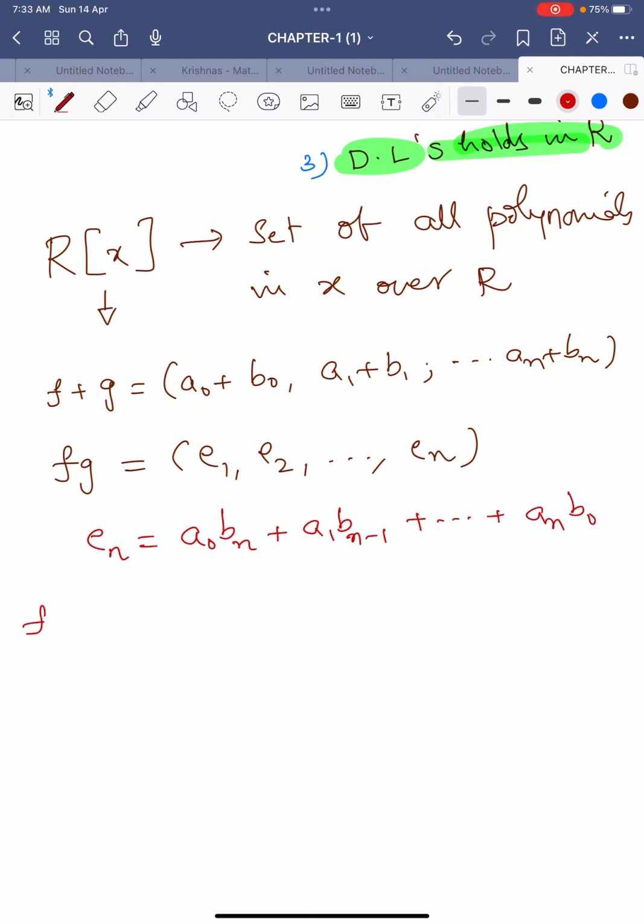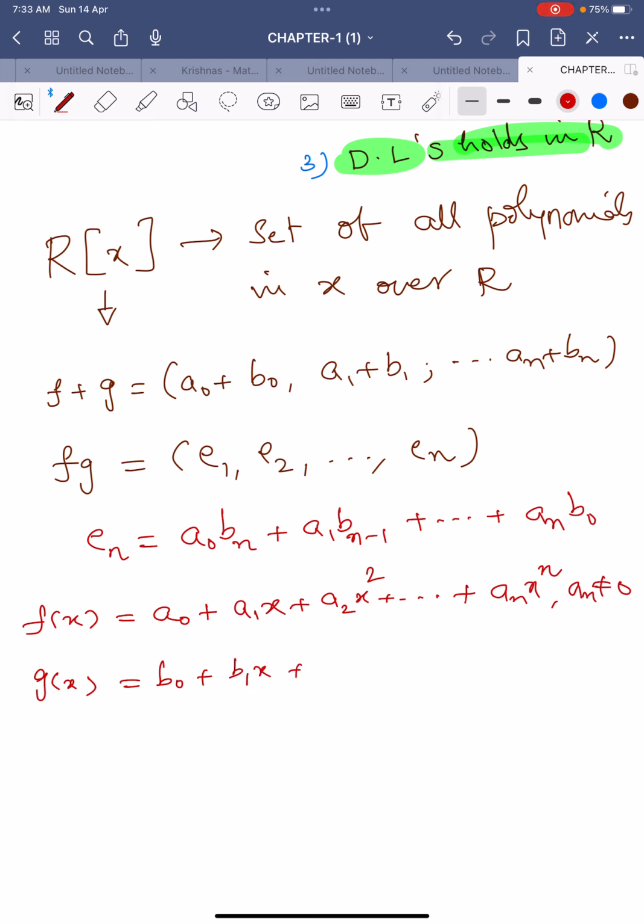Remember that f is nothing but the polynomial f of x, which is in this form: a naught plus a1x plus a2x square plus and so on plus an x power n, where an is not equal to 0, and g of x is also a polynomial, b naught plus b1x plus b2x square plus and so on plus bn x power n, where bn is also not equal to 0. Both f of x and g of x are polynomials belonging to capital R of x.